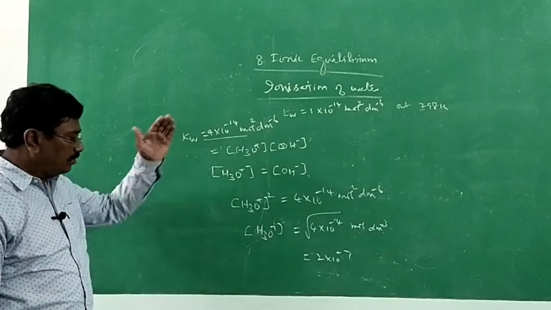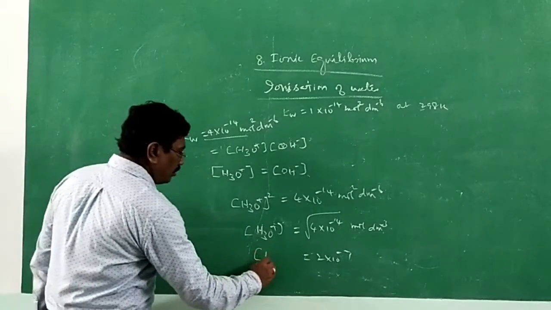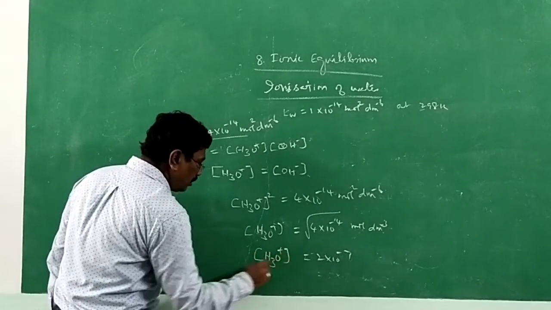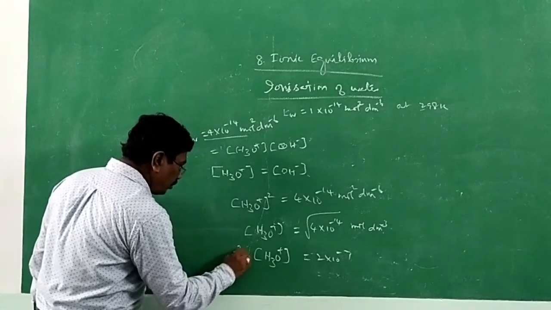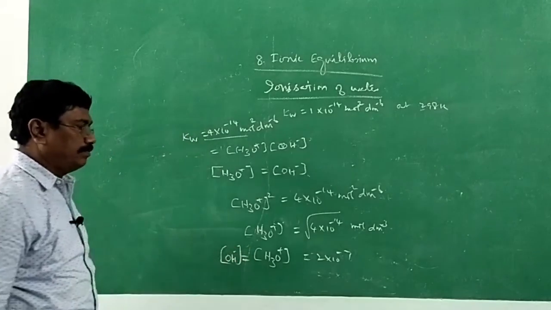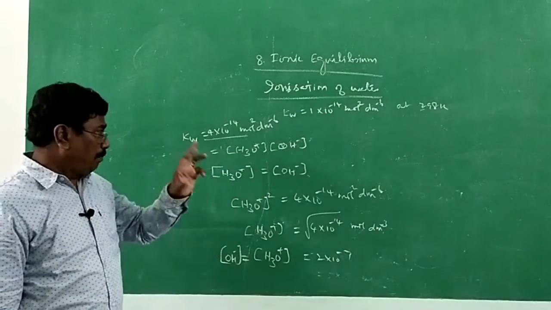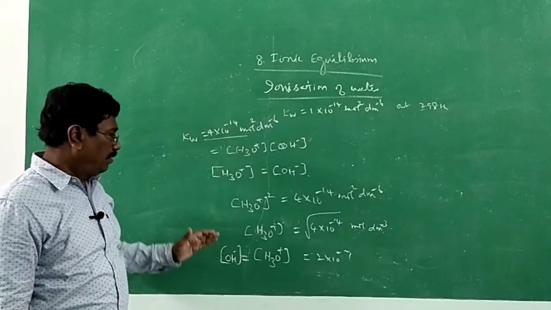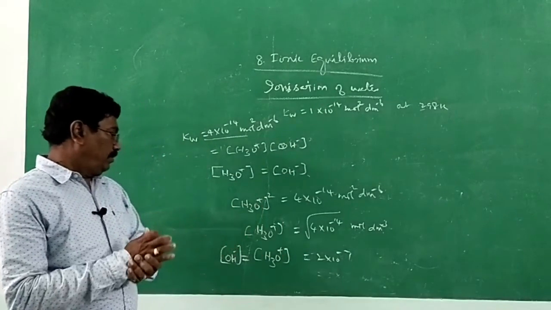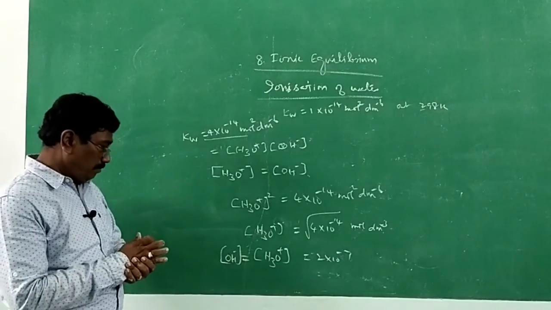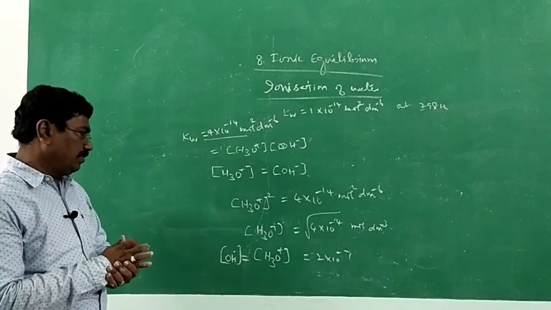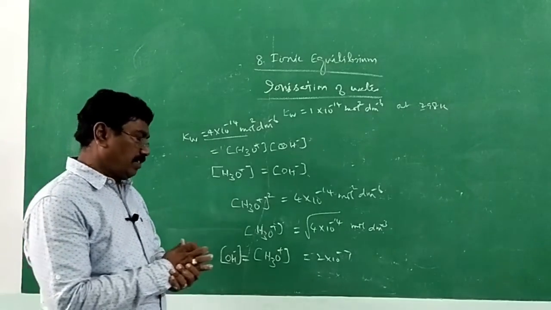Hydroxide ion concentration is equal to hydronium ion concentration is equal to this much. If hydronium ion is this much, definitely hydroxide ion is also this much. Being a neutral solution, usually it is 1 into 10 power minus 14. When temperature is increased, it may become higher. Therefore, now hydroxide ion concentration becomes equal to hydronium ion concentration. Thank you.